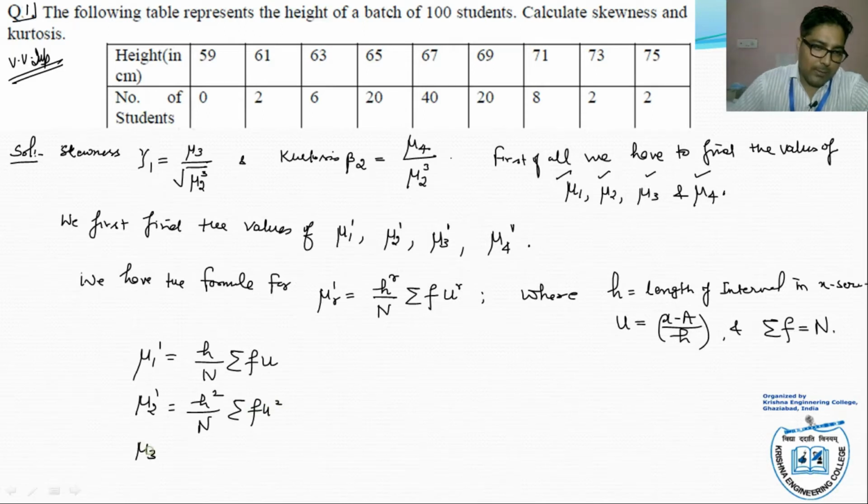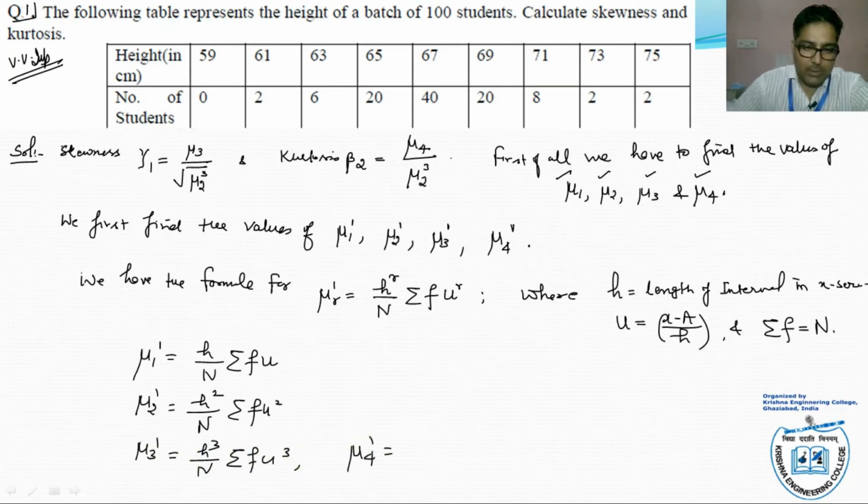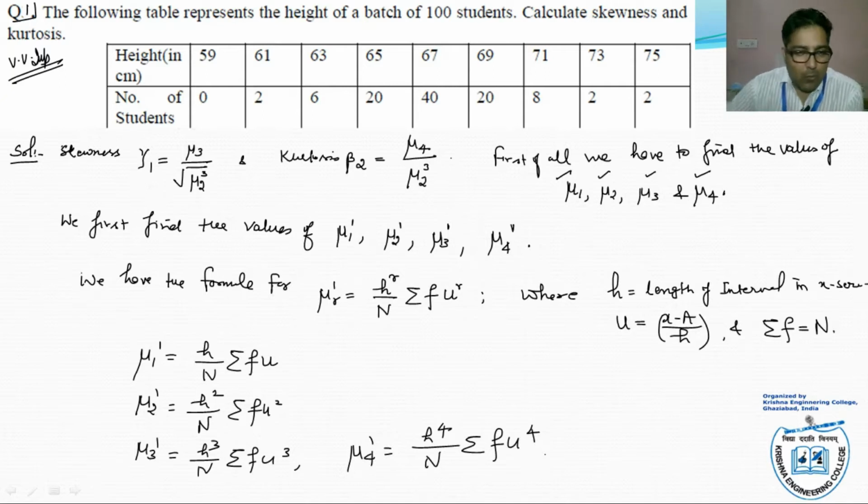Mu 3 dash is h cube upon n sigma fu cube, and mu 4 dash is h to the power 4 by capital N sigma fu to the power 4. Now, finding the value of mu 1 dash, mu 2 dash, mu 3 dash, mu 4 dash, first of all, we find the column corresponding to fu, fu square, fu cube, fu 4. Now, we construct the table on the next page.